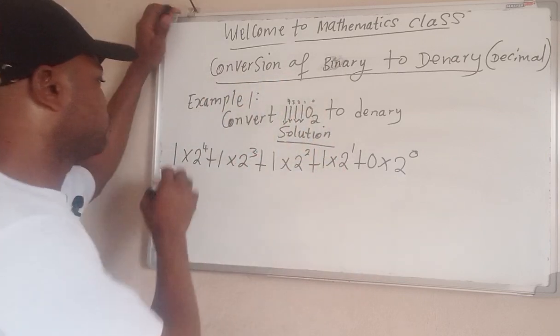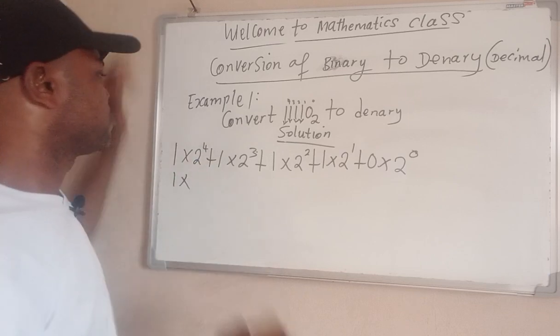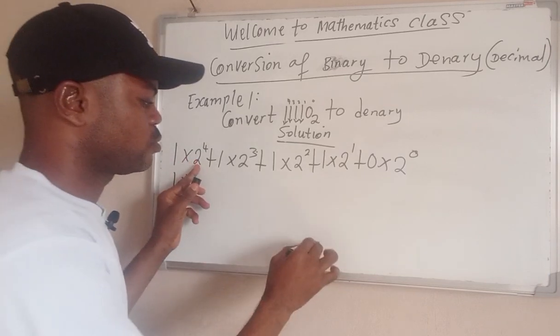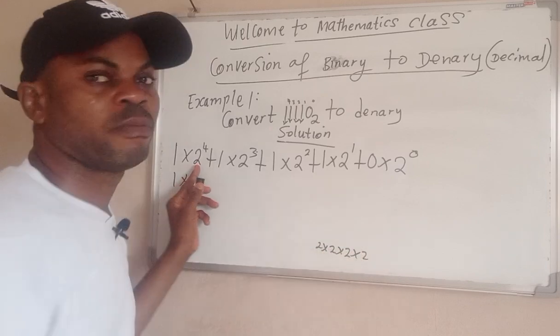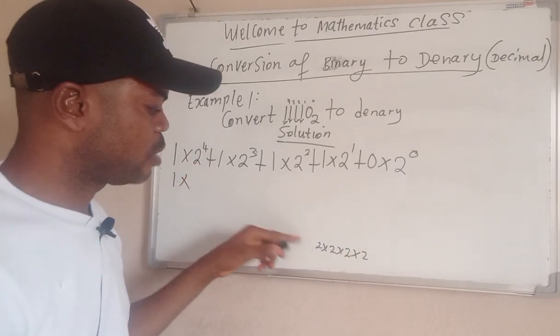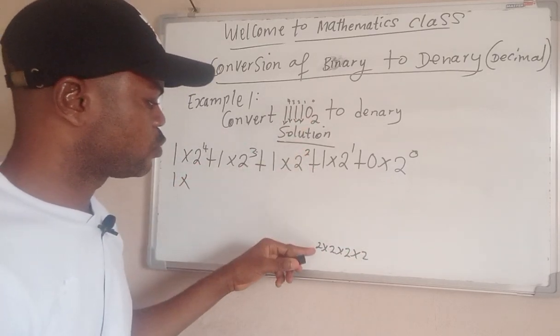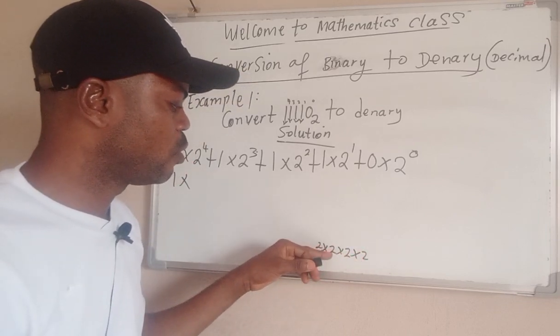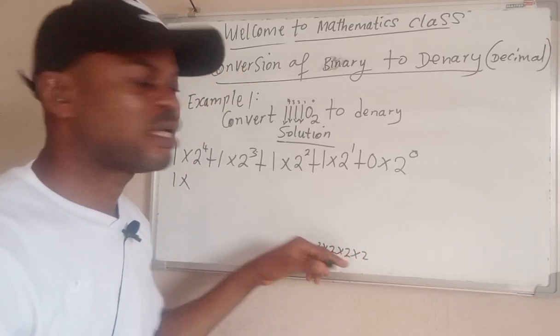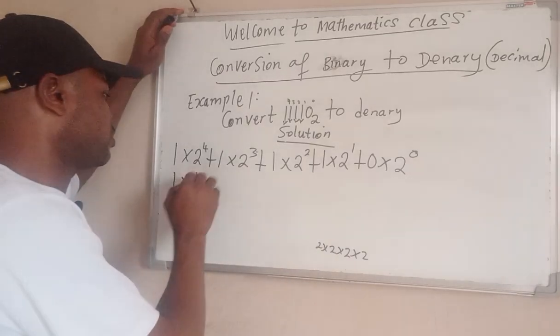So what happens? We say 1 times 2 raised to power 4 means 2 into 4 places, which is 2 times 2, 4, 4 times 2, 8, 8 times 2 gives you 16. So you write 16 here.